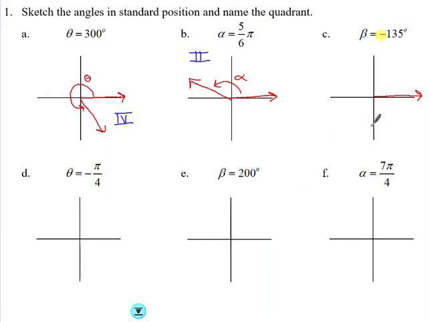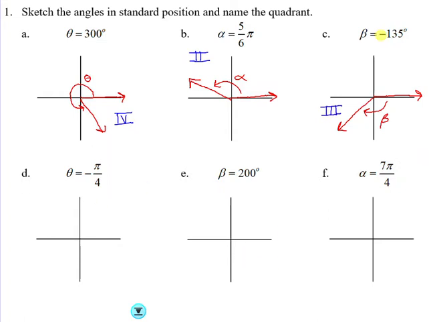So this would be 90 degrees. This would be 180 degrees. So negative 135 degrees is about halfway between negative 90 and negative 180 degrees. And that is our angle beta. The terminal side is in quadrant 3.